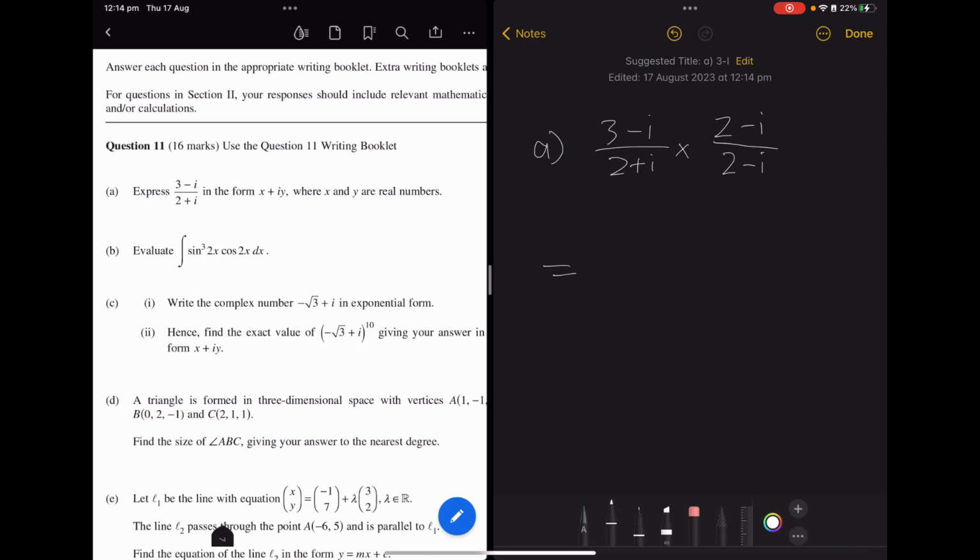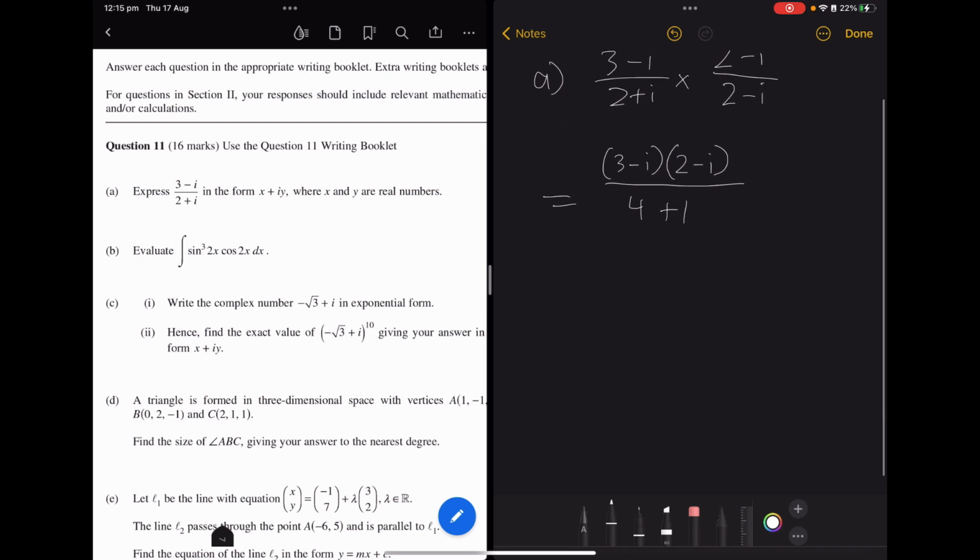So multiplying those, we have 3 minus i times 2 minus i. Now when you have a difference of 2 squares with complex numbers, we have 2 squared, which is 4, and plus i times negative i is going to be plus 1. So simplifying the bottom goes to 5. On the top, 3 times 2 becomes 6. 3 times minus i becomes negative 3i.